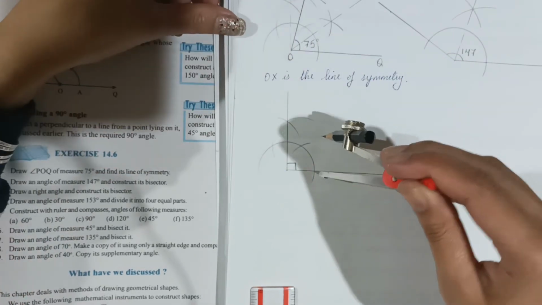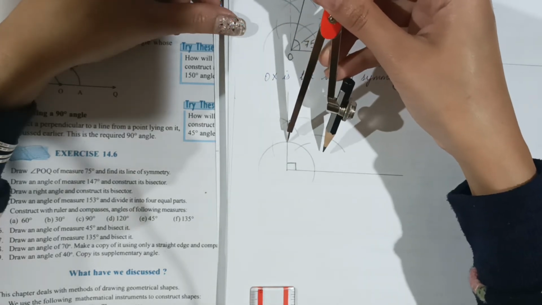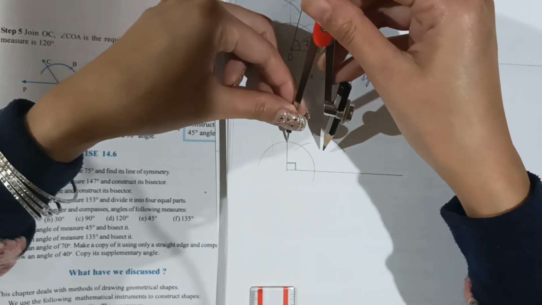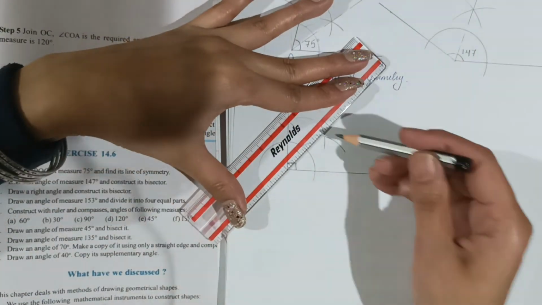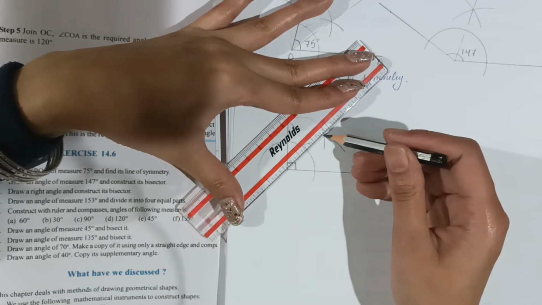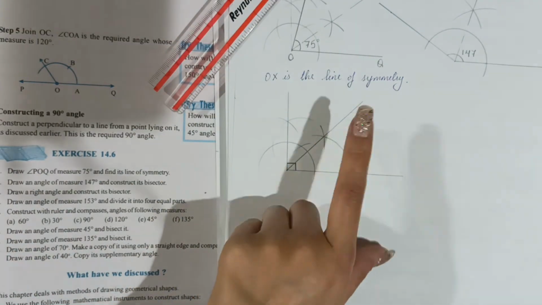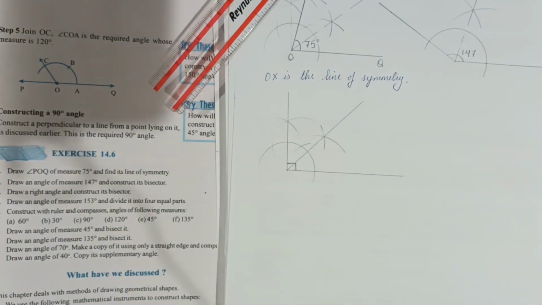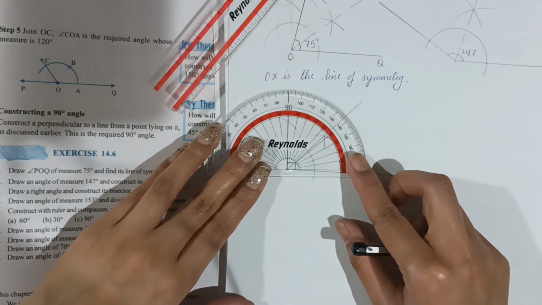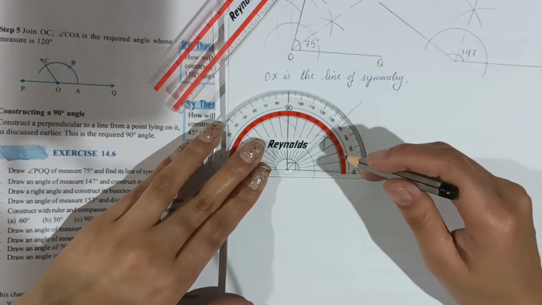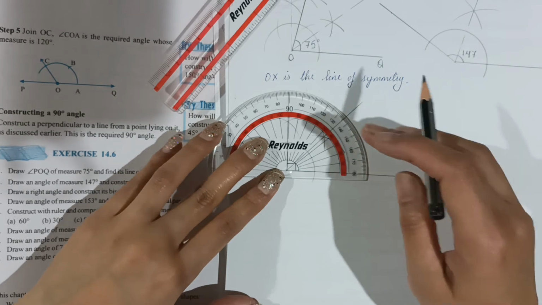So I draw an arc upside, and from another point where it touches the 90-degree line, I will cut the same arc so that I get the bisector of 90 degrees. That is half of it, that is 45 degrees. Let me measure whether it's correct or not. This much is 90 degrees, yes, and it is 45 degrees.